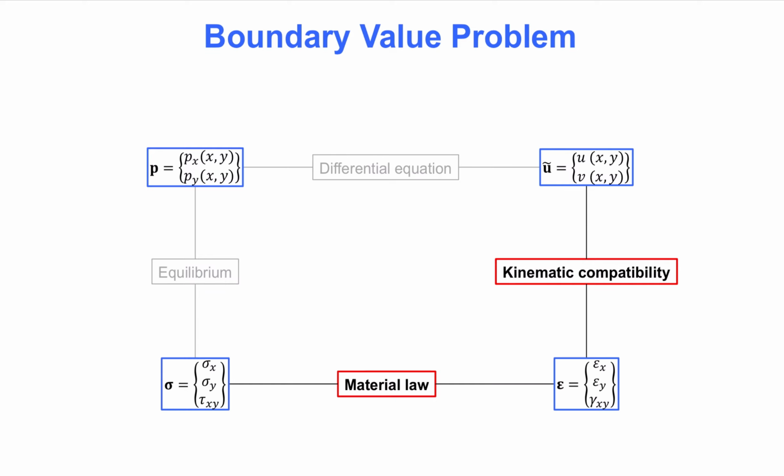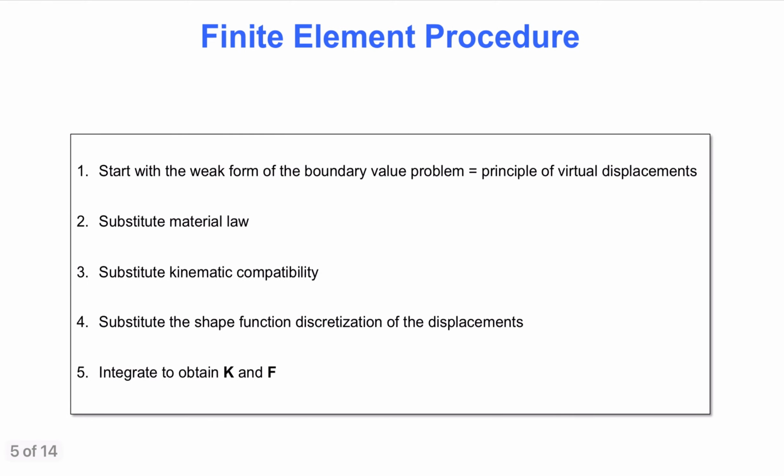The next slide shows the procedure to derive the stiffness matrix and load vector by the finite element method. We saw this procedure carried out for truss and beam elements in another video in this short course on the finite element method. The starting point is the principle of virtual displacements, which is the weak form of the boundary value problem. Next, we substitute material law and kinematic compatibility.